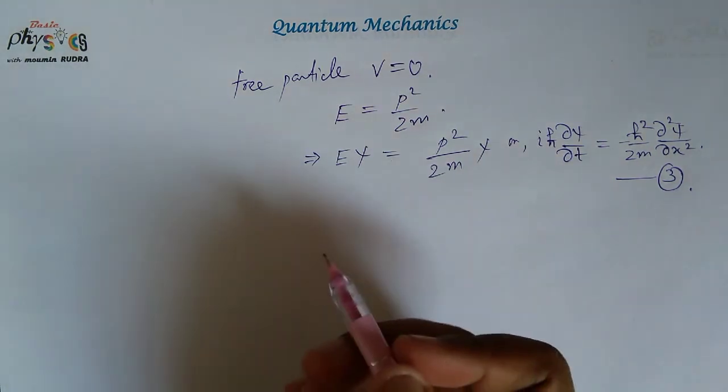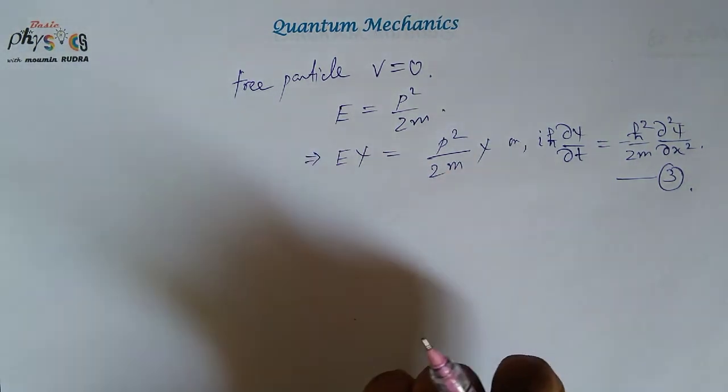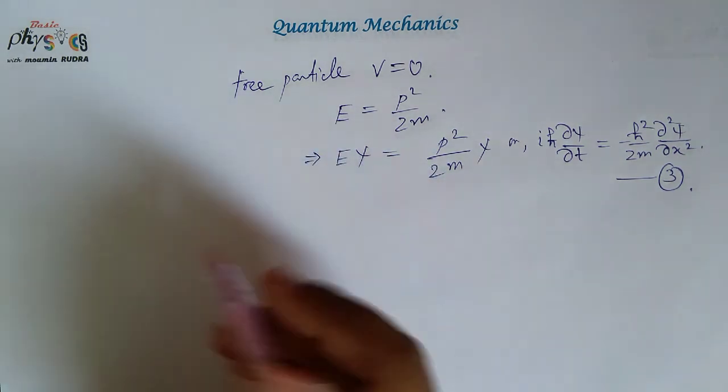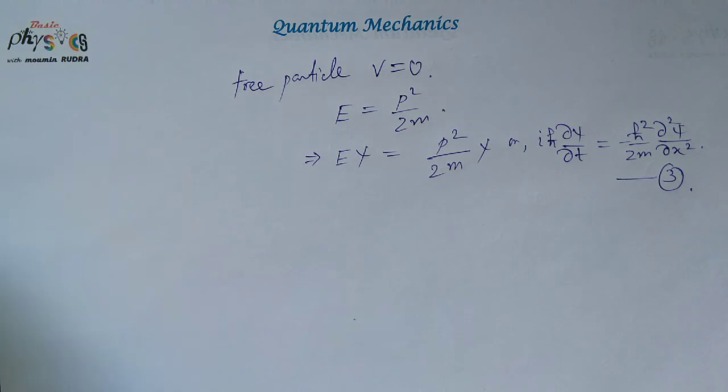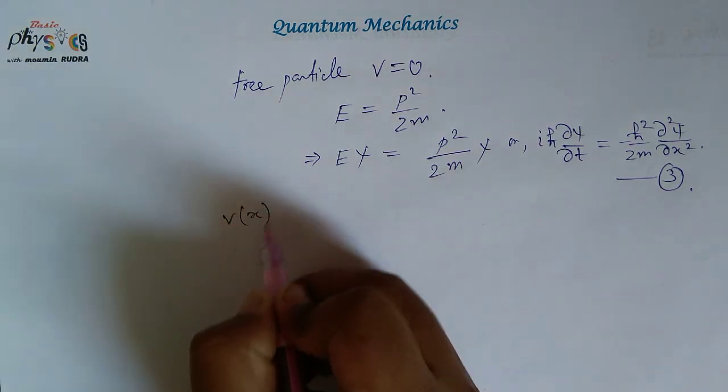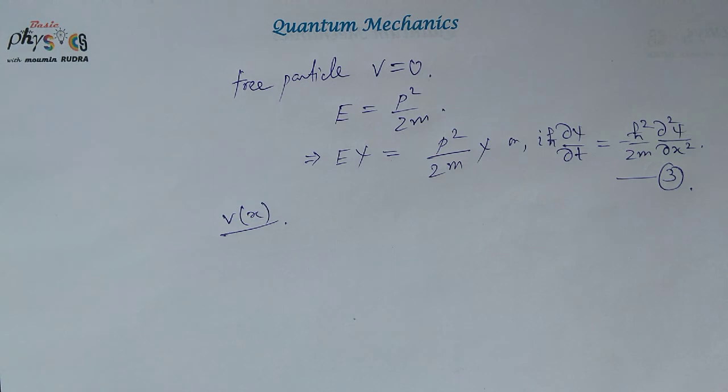If the potential energy varies with x, meaning it varies with position, the particle is acted upon by a force field derived from a potential V of x, which is variable.